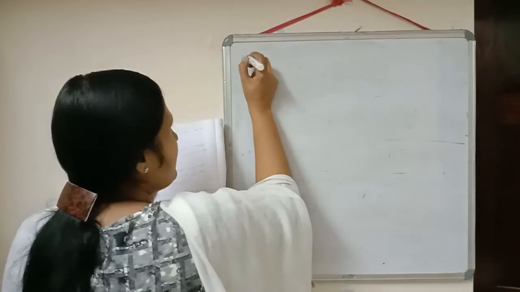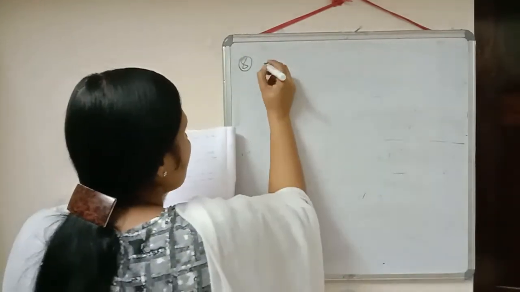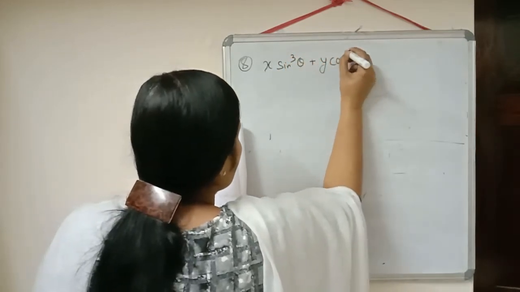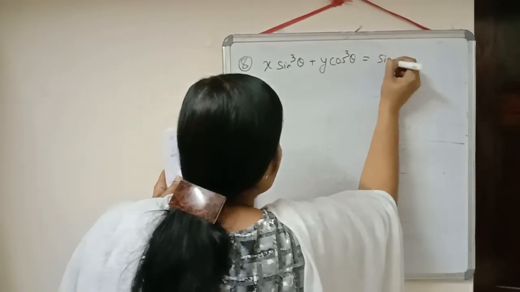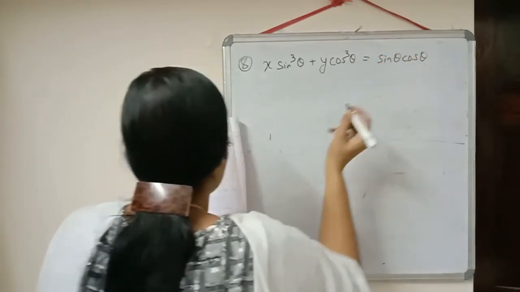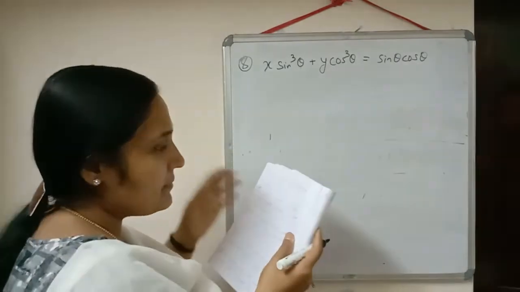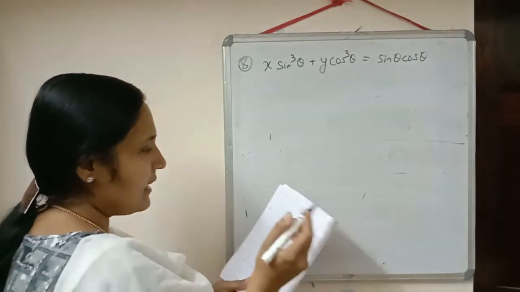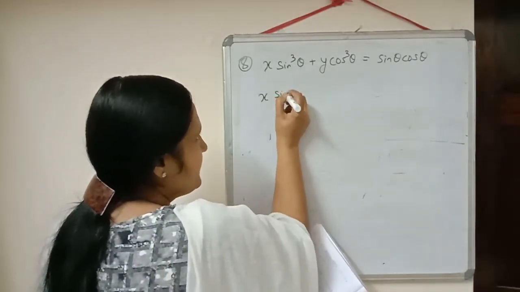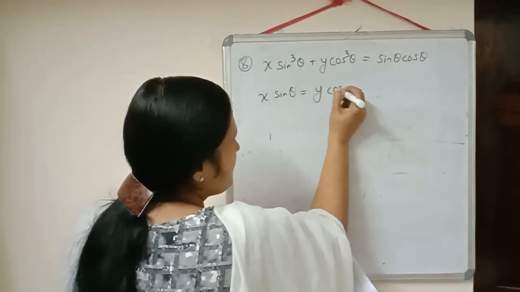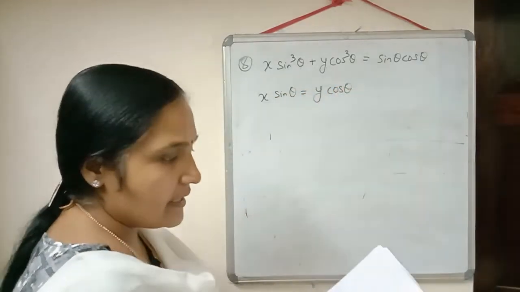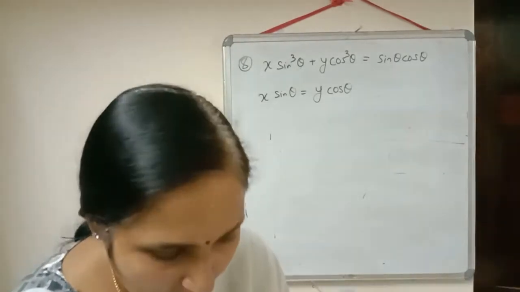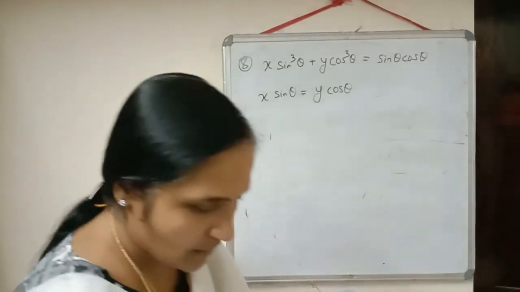Question number 8. Question number 8 is, if x sin³ theta plus y cos³ theta is equal to sin theta cos theta, and x sin theta equals y cos theta, then prove that x² plus y² is equal to 1.